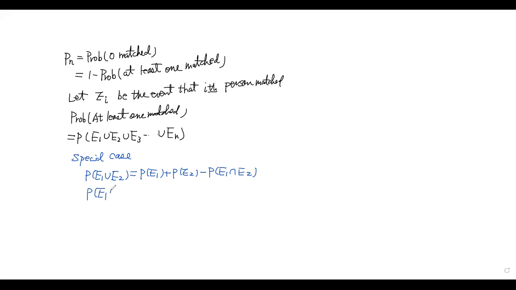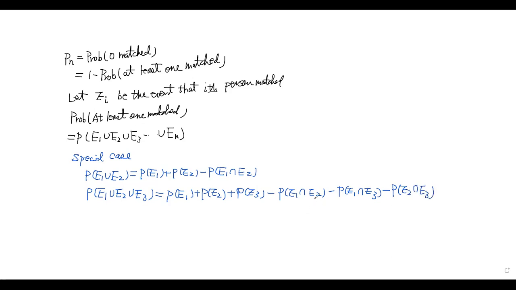If I have E1 union E2 union E3, then we can say it's P(E1) plus P(E2) plus P(E3), and then minus P(E1 intersect E2), minus P(E1 intersect E3), and minus P(E2 intersect E3), right?